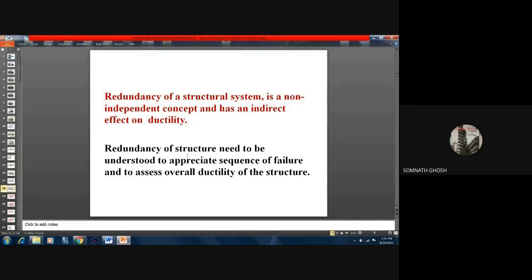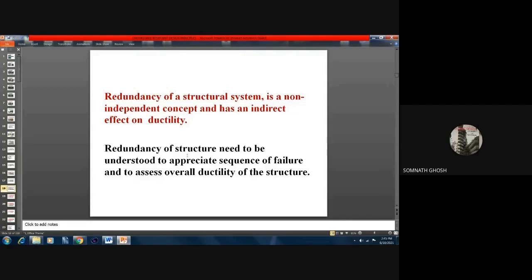When the redundancy level is increasing, just think about it, in a redundant structure, when a particular joint, suppose a plastic hinge is formed, what will happen next?